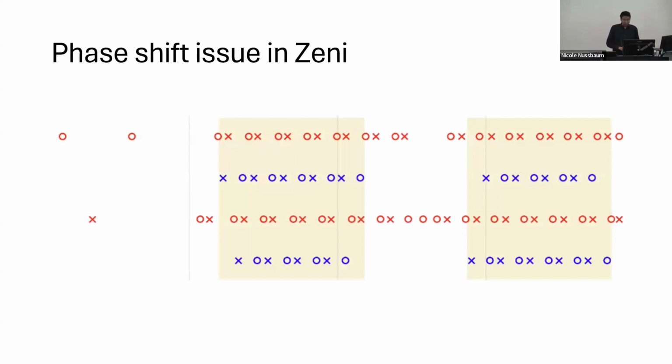Now, when we worked with the Zeni algorithm, which is one of our kinematic methods, we noticed a major issue. And this issue is present in many of our kinematic methods. A lot of them have this issue, which is phase shift.